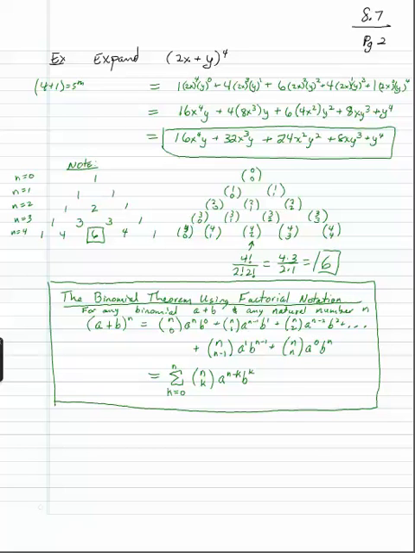So let's try one. Okay, so let's try 3x plus 2y squared, to the fourth.